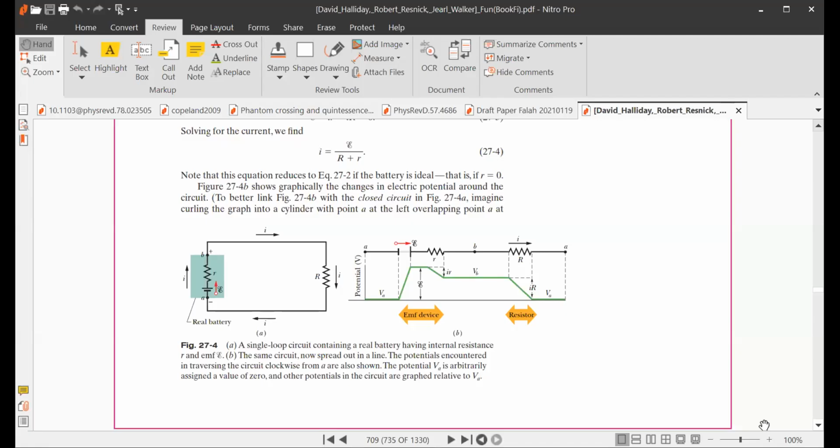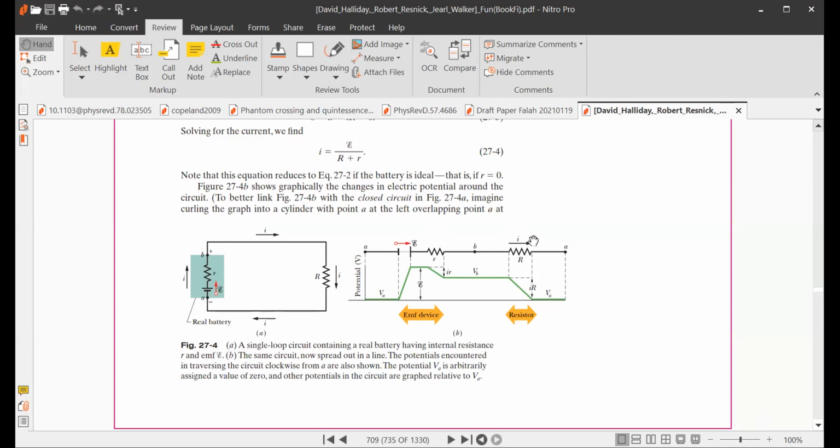Okay, this one. You can see this figure 27 strip 4. Here this little r is the internal resistance of the battery or electromotive force.